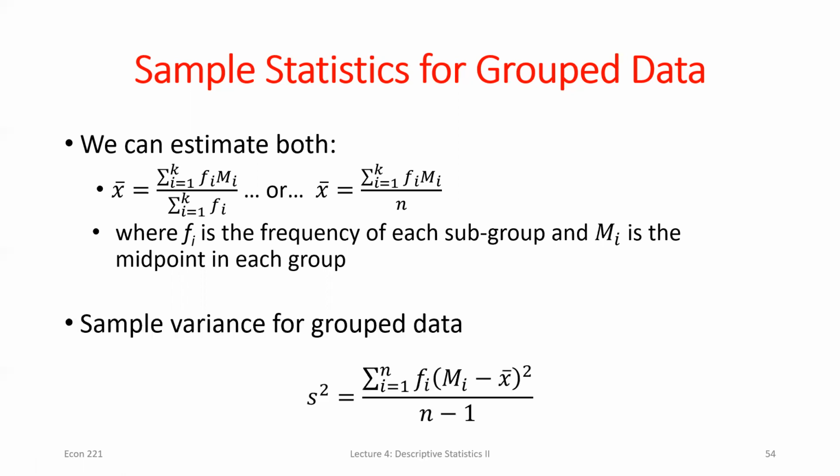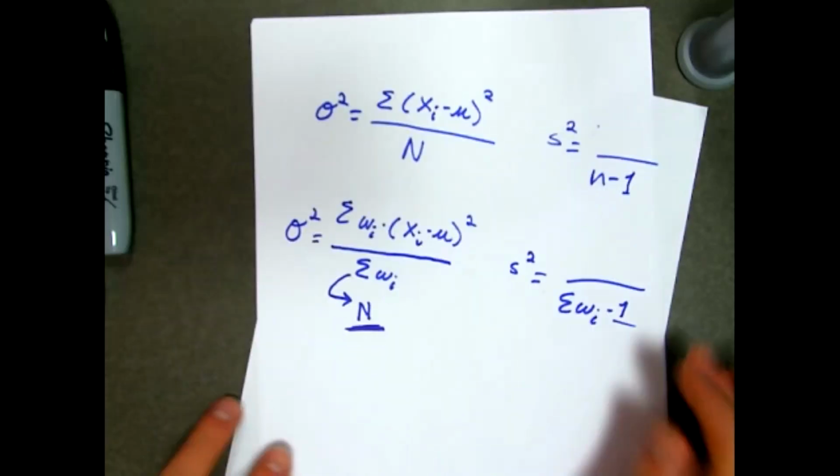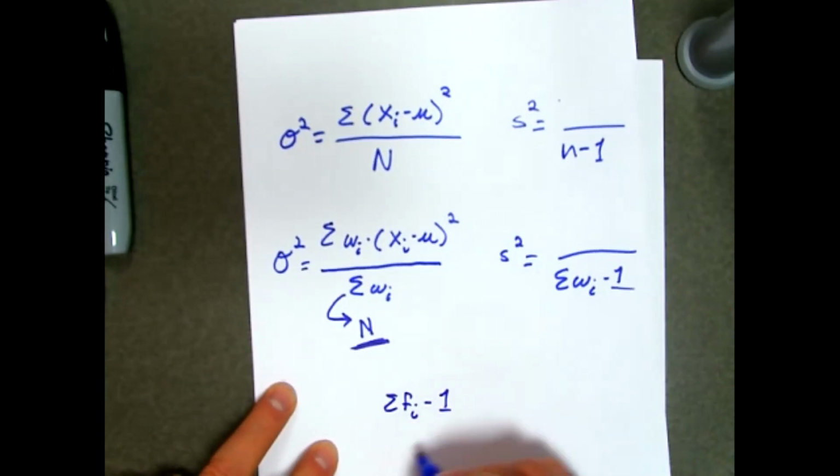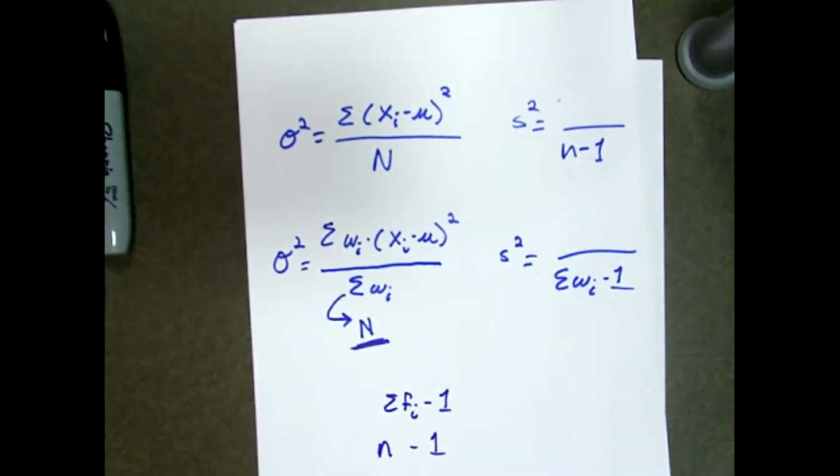We then have the variance, which is similar to what we did before. We're going to take the deviation from the mean. Now we're using our sample weighted mean, the deviation from that mean squared, multiplied by the weight, which we're now using frequencies. And then here I put n minus 1, but I could also write that as the sum of my frequencies minus 1, which would be the same as n minus 1.